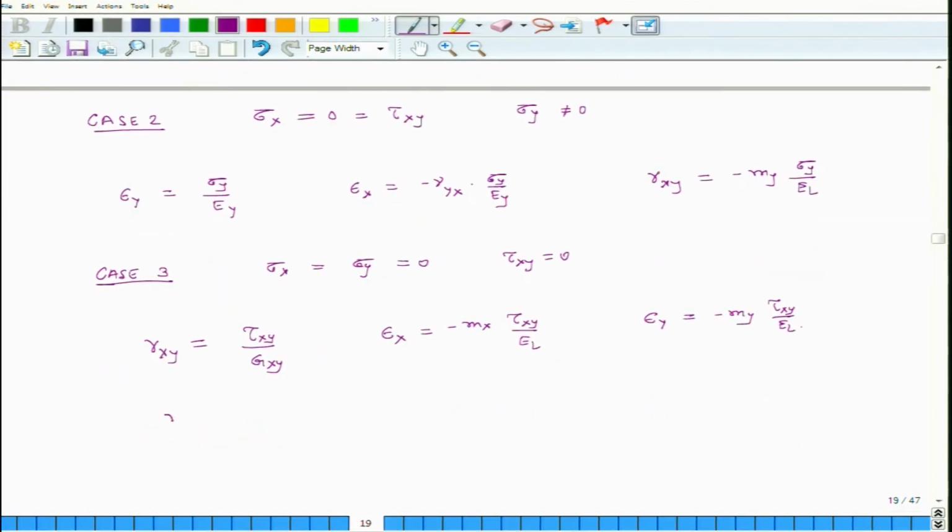These mx and my are called cross coefficients because they couple the extensional and the shear responses of the system.